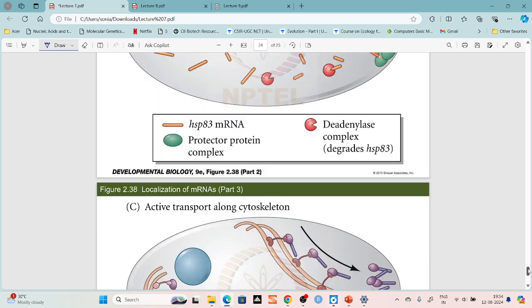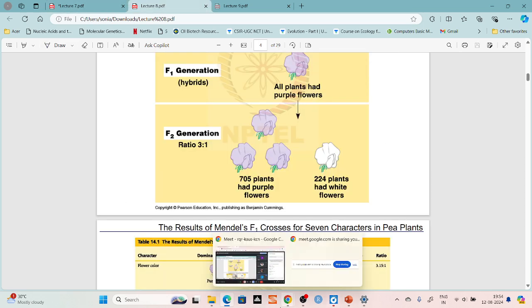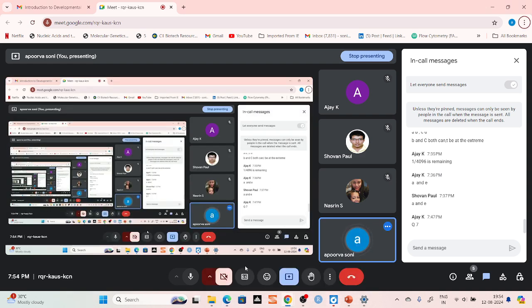So can anybody tell me the difference between the 2 laws? What is the difference between law of segregation and law of independent assortment? Anybody?